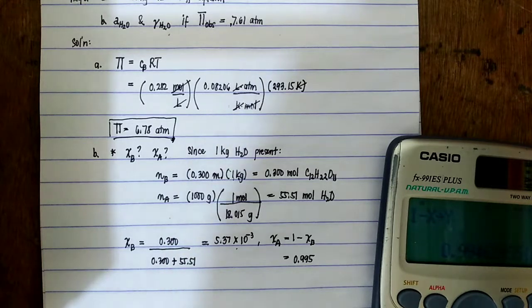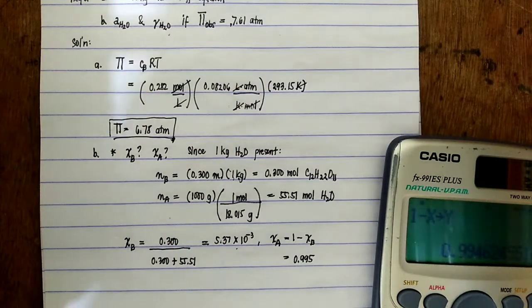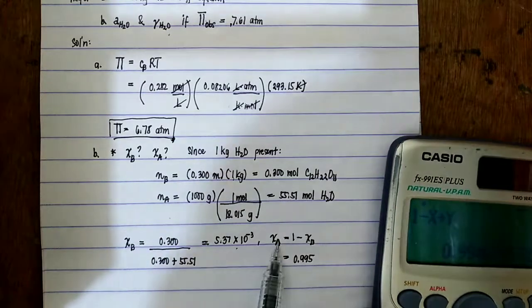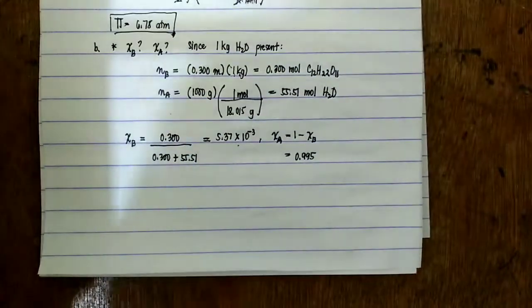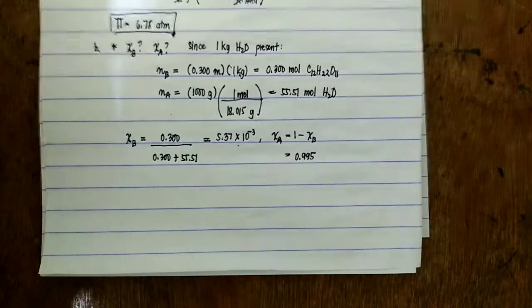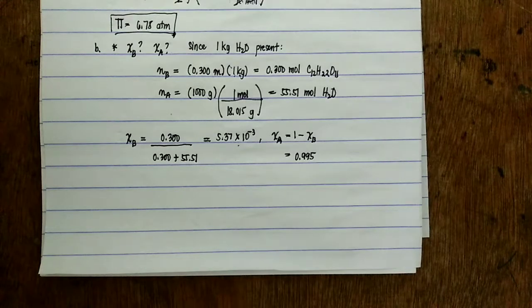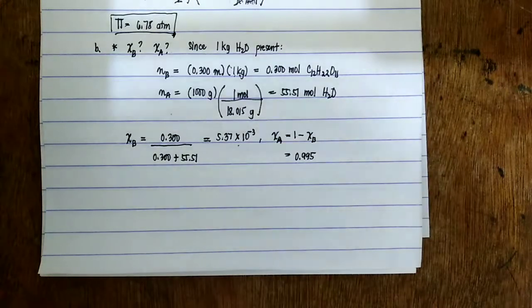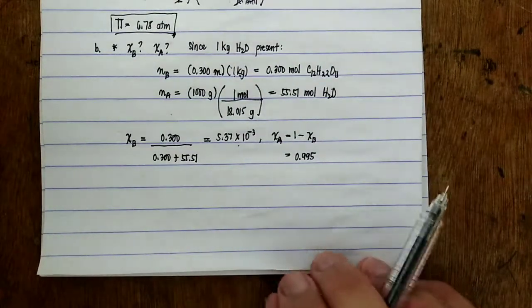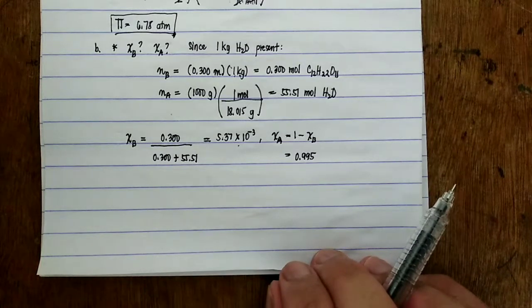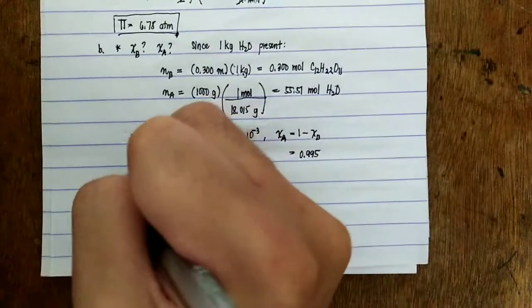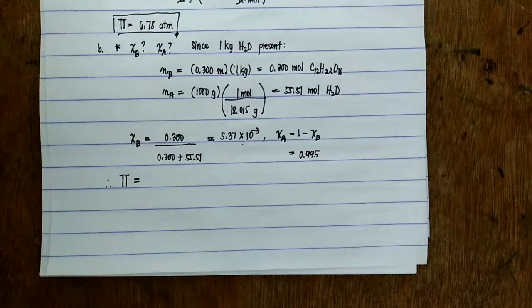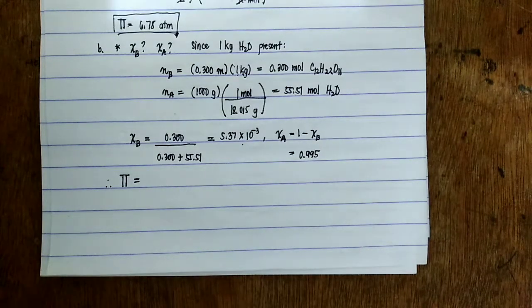With the values of the mole fractions already computed for our sucrose and for our water, we now use a different equation for our osmotic pressure, this time using the one that has our activity coefficient in it. So we're also given this particular expression over here.